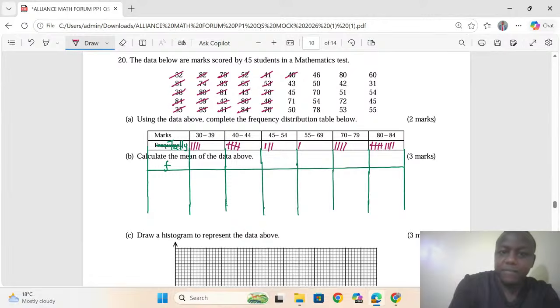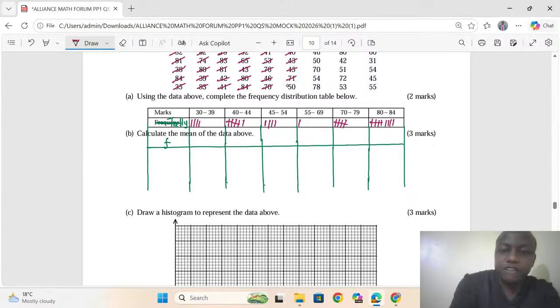First 5. We go to 43. With 43, we place it here. With the 45, we place it here. What about 71? They are already 4, so we wrap them like that to show the first 5. 50, 50 will be here.